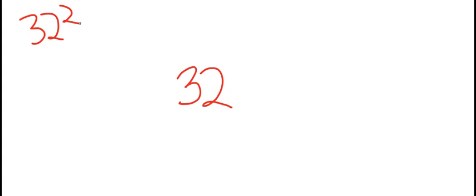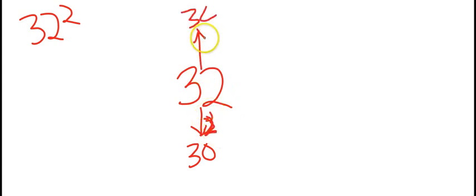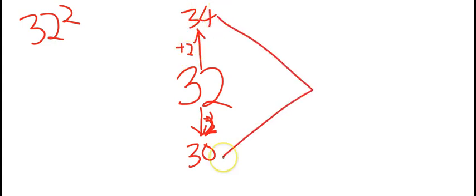I believe this is how you did it. You move down to the closest 10, and that will be 30. And because you move down by 2, you need to add a 2 to this and go up to 34. That means plus 2. Then you multiply the 30 by 34. So 30 times 34.